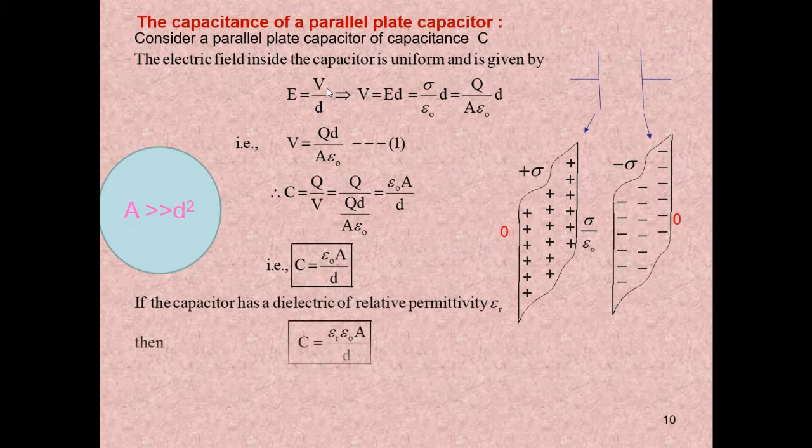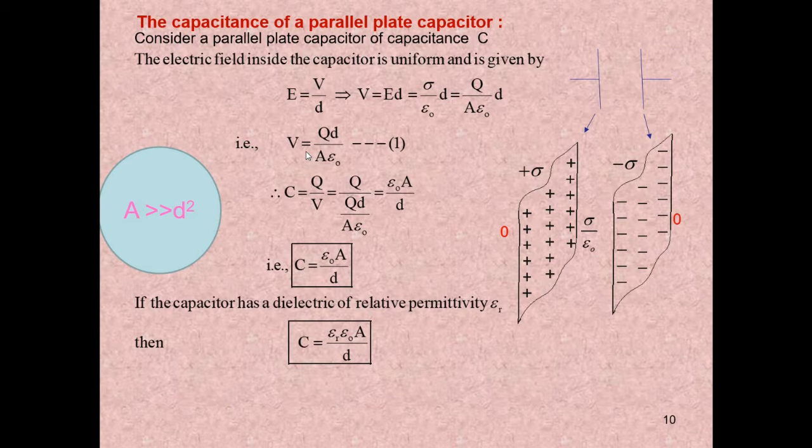So V equal to ED. E is sigma by epsilon naught. That's what I said, we are going to use this. D as it is. But sigma is Q by A, charge density. Epsilon naught as it is. So V is QD by A epsilon naught.